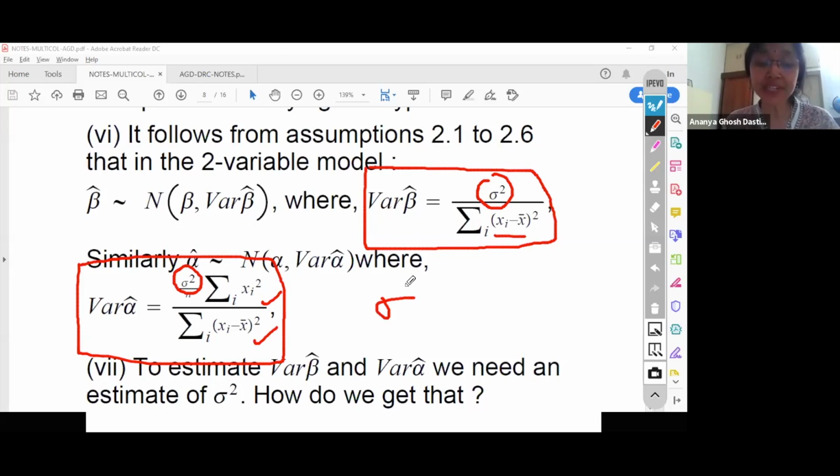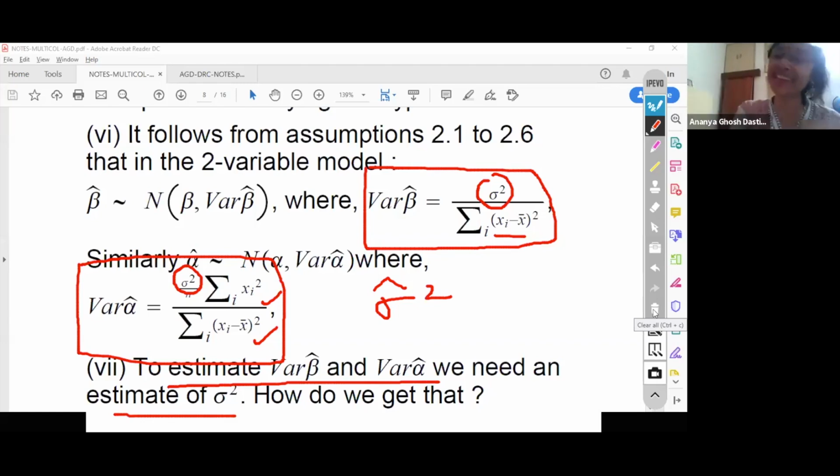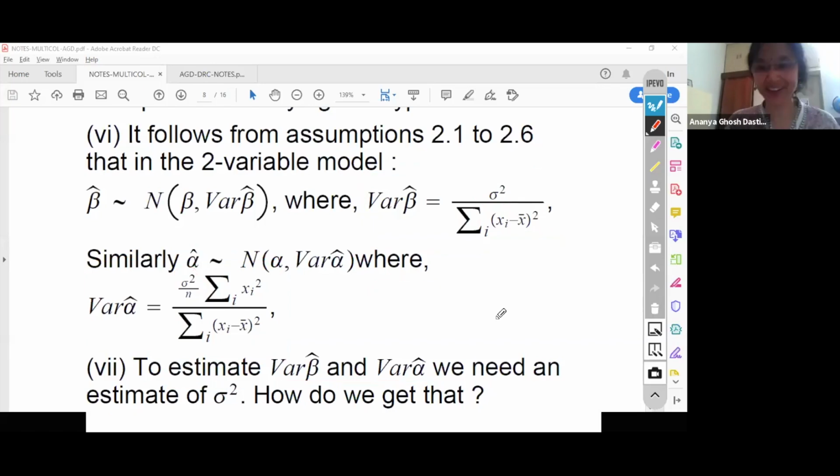So I first have to get sigma hat square. To estimate the variance of alpha hat and beta hat, we need an estimate of sigma square. That is the first thing you have to realize as we inch our way towards an understanding of standard errors and hypotheses. Okay, all right.